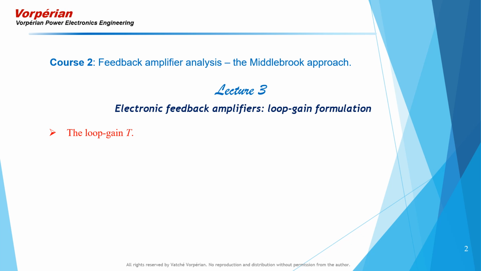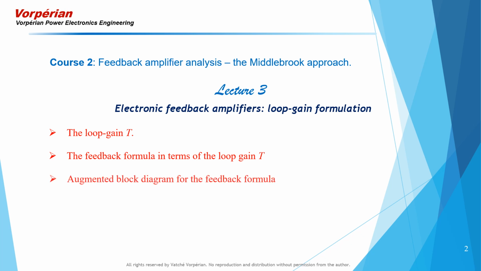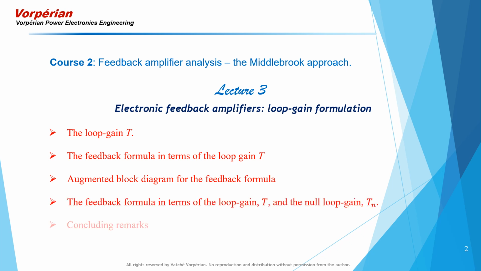We will identify the loop gain inside the feedback formula given by the EET for dependent sources. We will then rewrite the feedback formula in terms of the loop gain, and from there we will come up with an augmented feedback block diagram. We will then rewrite the feedback formula one more time by introducing the null-loop-gain, and finally we will give some concluding remarks.